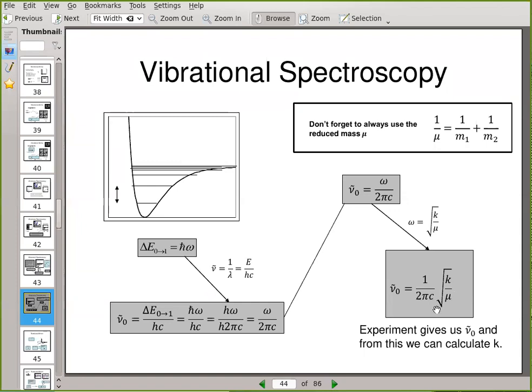So what don't we know in this? The only thing we don't know is what k is. And is k useful to us in any way? What would be the point of finding k, the force constant for a bond? Anyone?